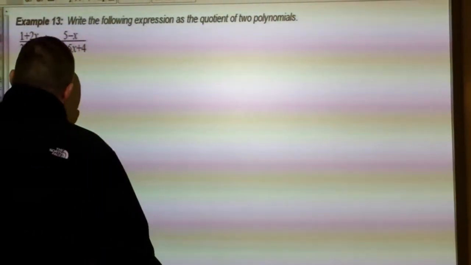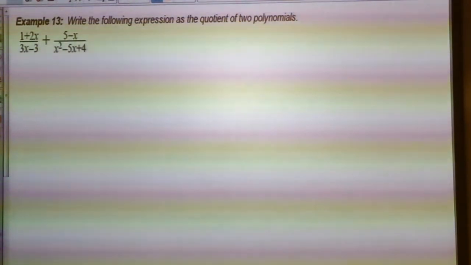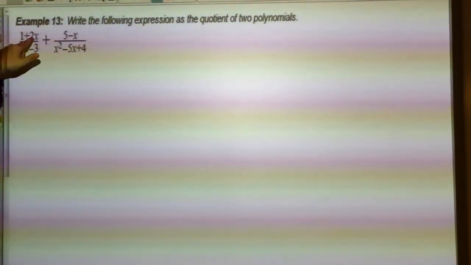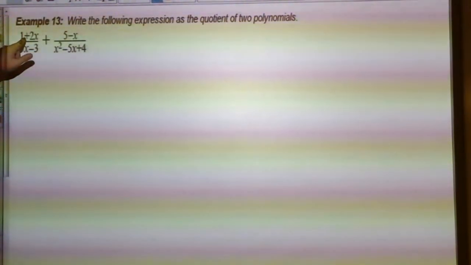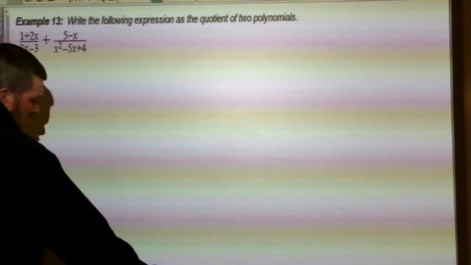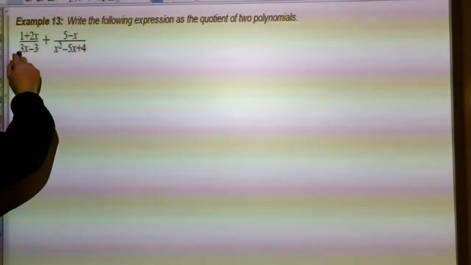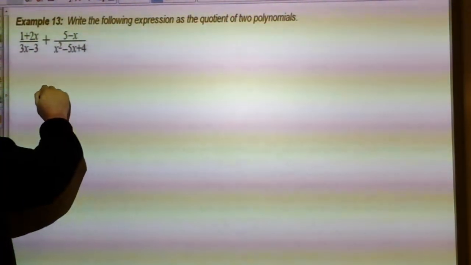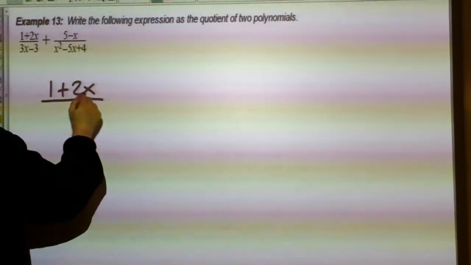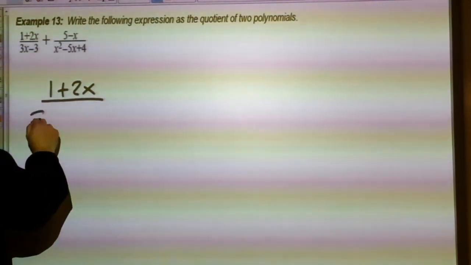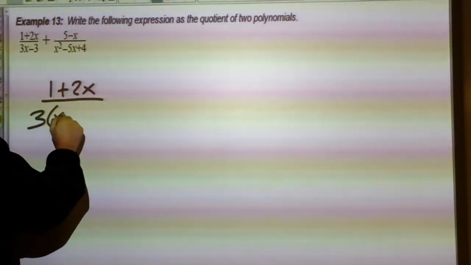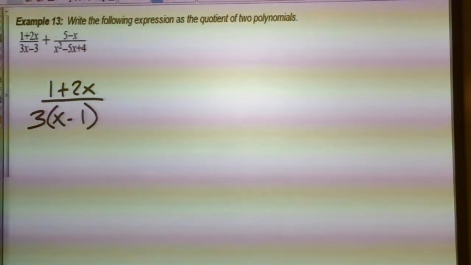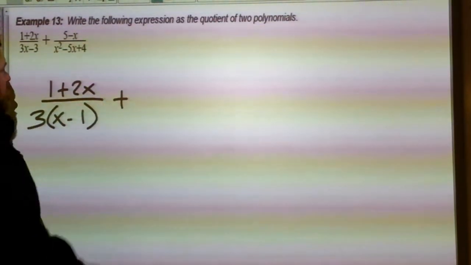So again, I want to factor wherever I can. In 1 plus 2x, there's no GCF and nothing else I can do, so it stays the same. In the bottom of my first fraction, however, 3x minus 3 has a GCF of 3, so I can pull out a 3. So I have 1 plus 2x on top of my first fraction and 3 times x minus 1 on the bottom. And we said plus in the middle.